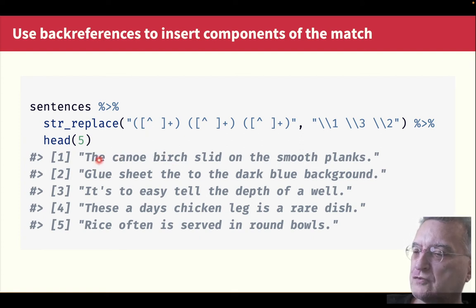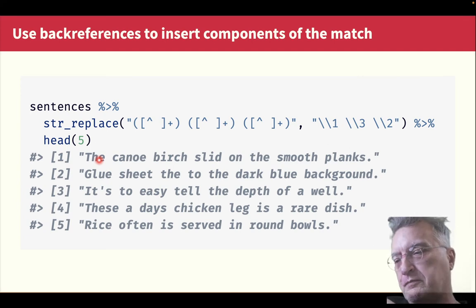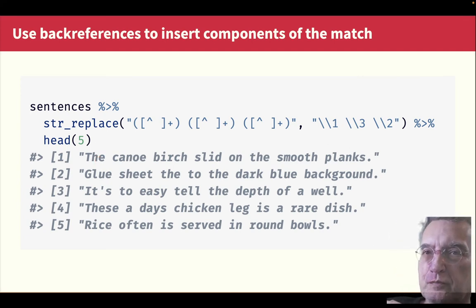So this is a cooked example, but it's an example of why regular expressions are powerful, because you can replace things that you don't know what they are by using patterns. So these are all silly examples, but this principle is very important.